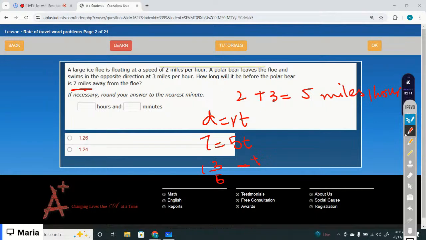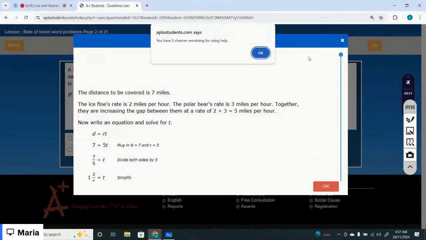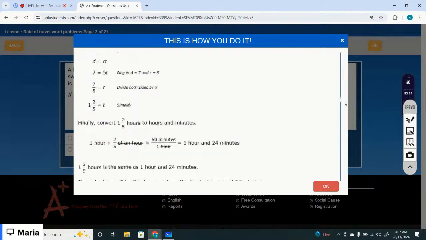You have to write the time in hours and minutes. So multiply it by 60: 7 divided by 5 is 1.4, and 1.4 times 60 is... that is T equals, oh, that is 1 hour plus 2 by 5.